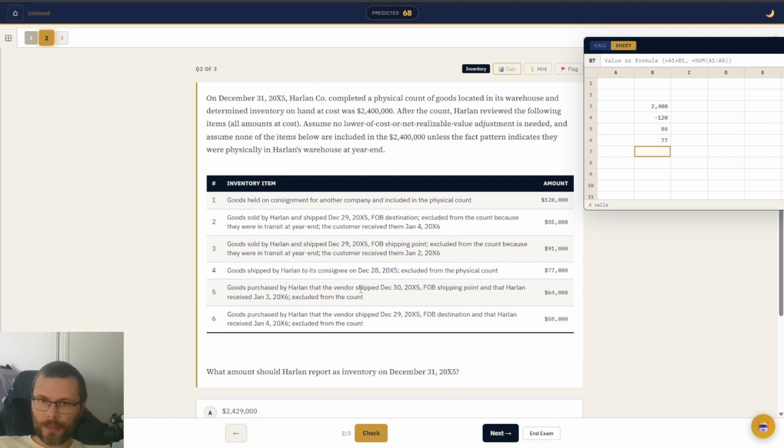They're in transit. They're ours when they leave the seller's dock. Yes, they've been excluded. They need to be included. And the last one, goods purchased by Harlan, FOB destination. That means they're not ours until arrival. So skip that one. The rest is your answer.